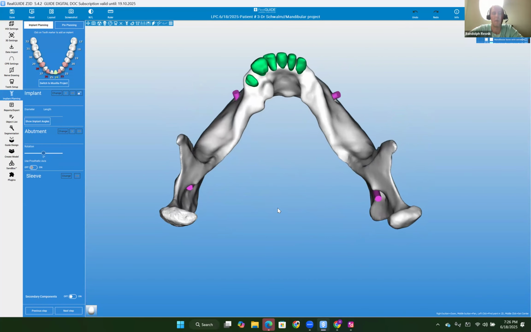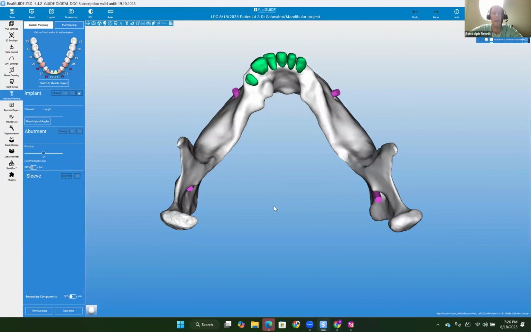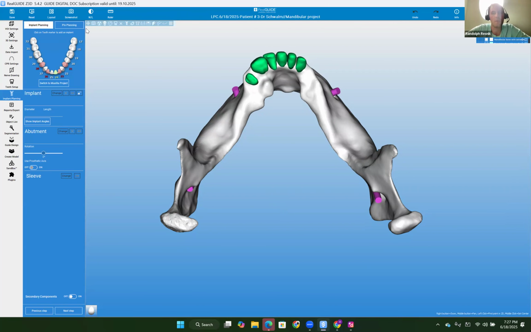You can see the tori there. And then you can also see the hourglass where the ridge is narrow and then it starts widening out. So by doing the alveoplasty, we're going to get more width for our implants. Definitely removing the tori if we're going to be doing any type of removable prosthesis will definitely help out here. So let's go through the cross section there, Hussein.